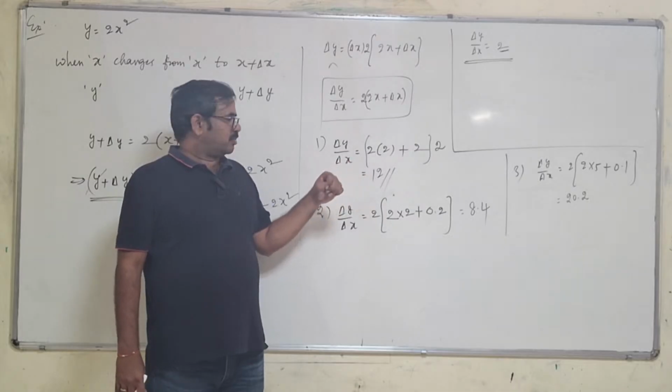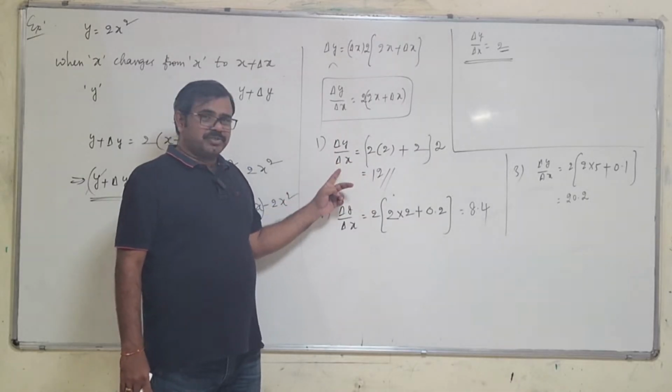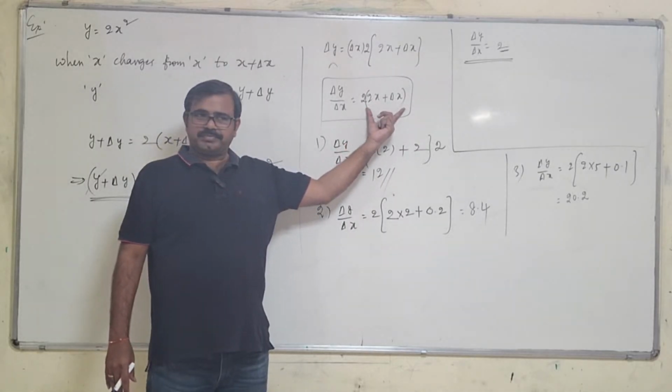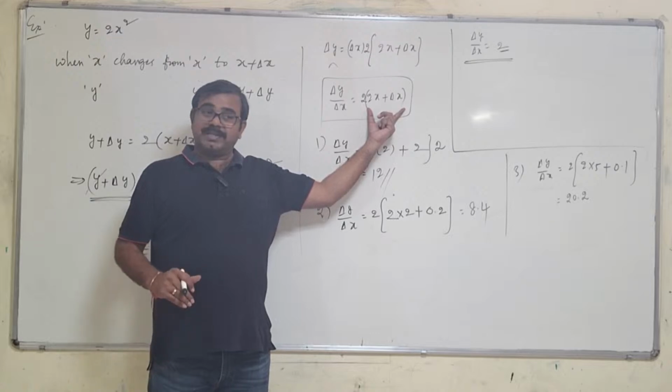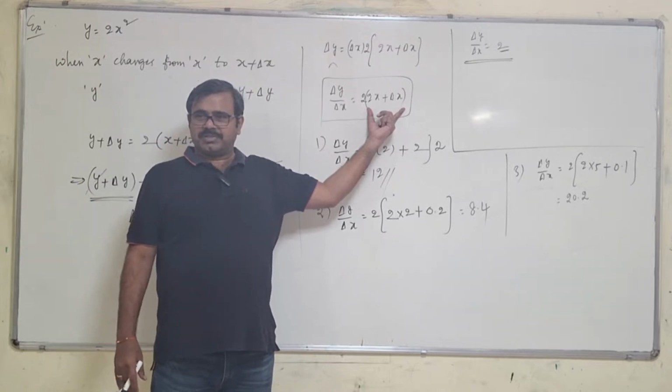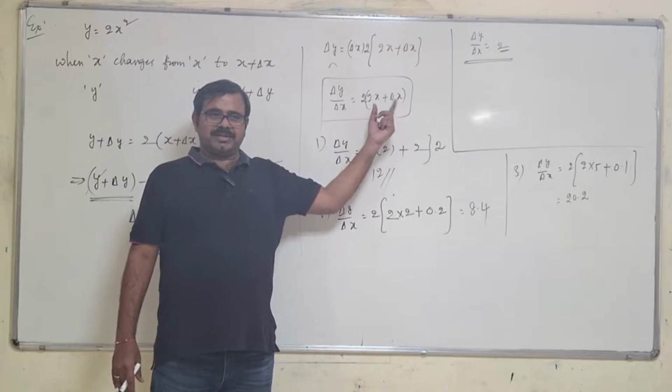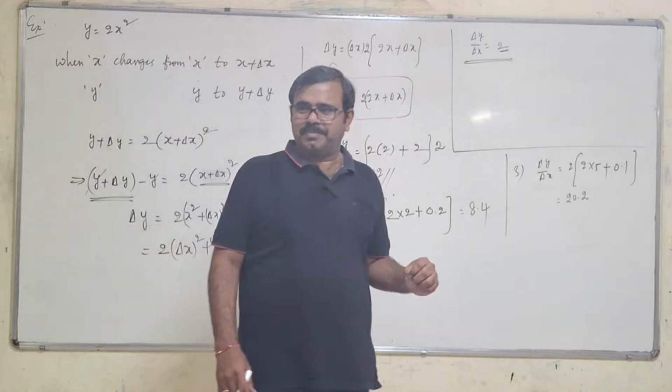In the second example, the rate of change in y with respect to x is not a constant. You understand what I'm saying? It is variable. It means here every pencil cost is not the same.